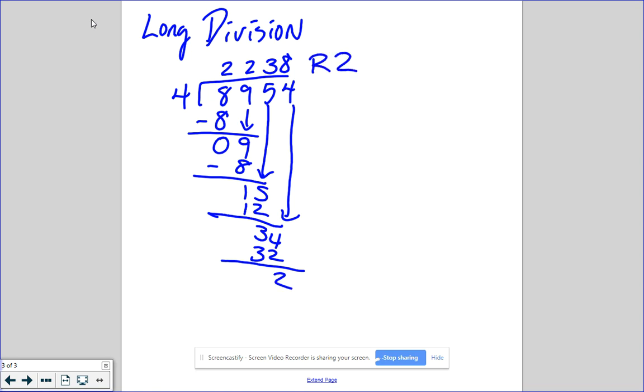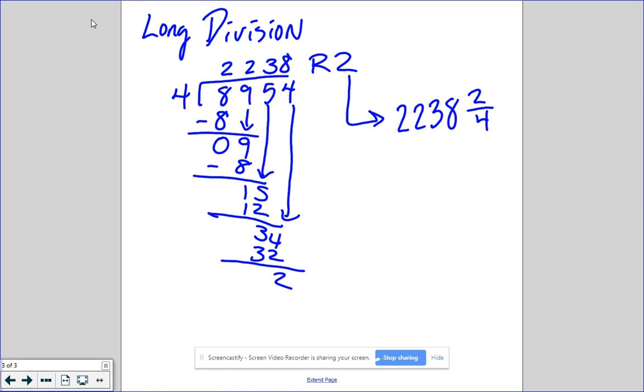Now, another way you could also write that, instead of putting remainder 2. This is the way you did it when you first learned long division. But another way you can write that is 2 over 4. So you take the remainder and put it over what you're dividing by.